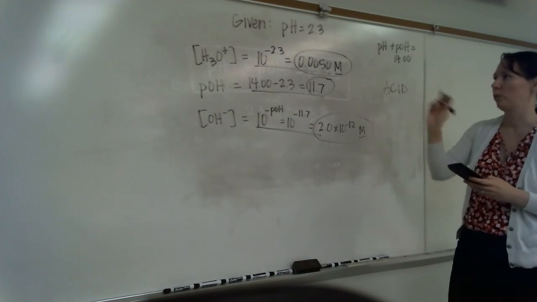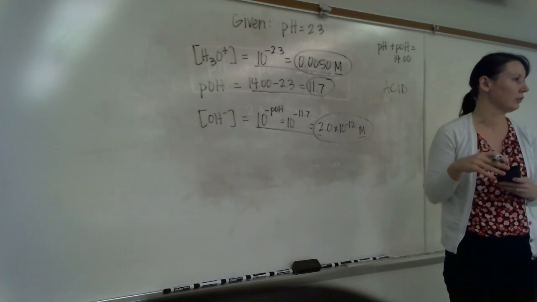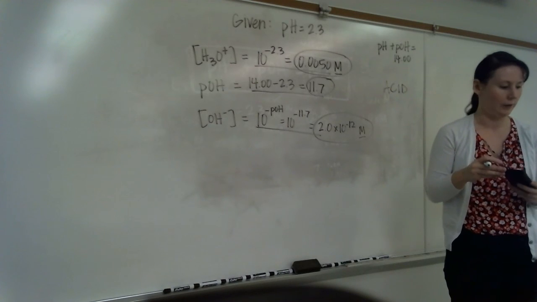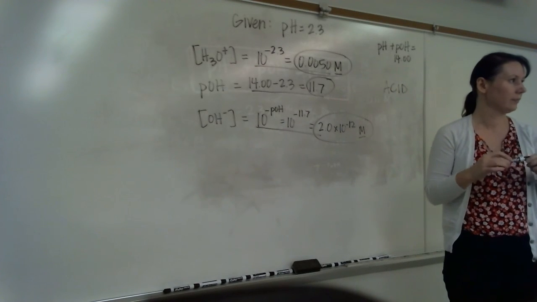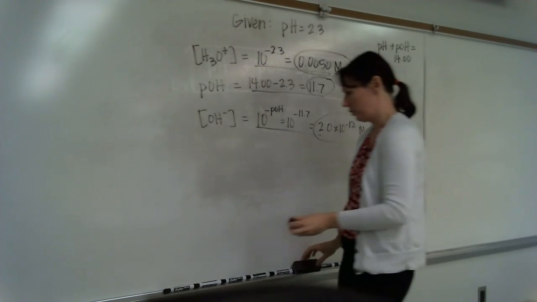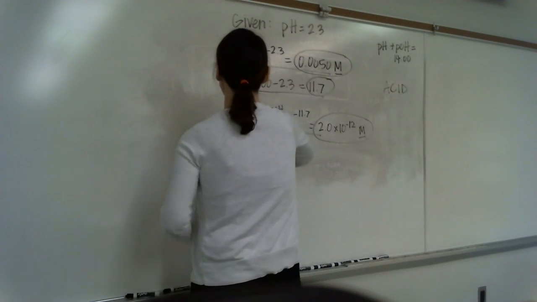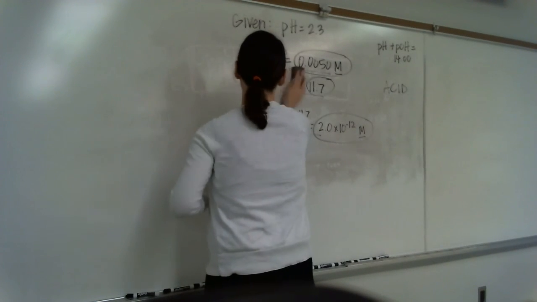Do you want to try one more where I give you one and you figure out the other three? Or have you got the hang of it? I'll try one more just for good measure. All right, let's try one more just for practice. I'll give you a different thing this time.